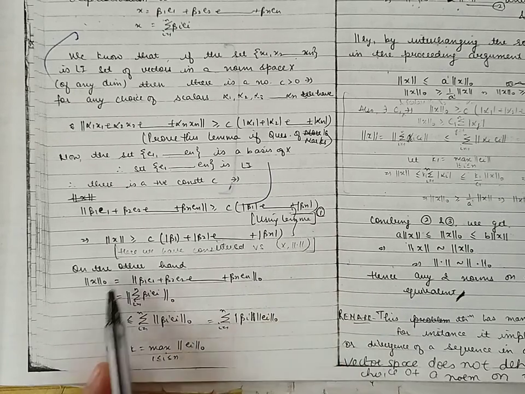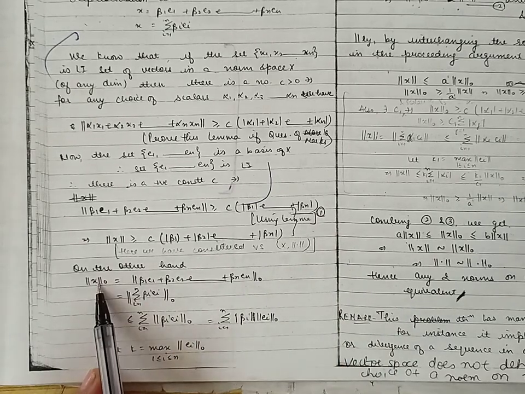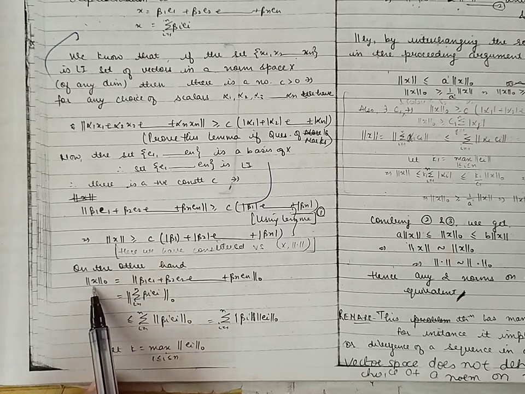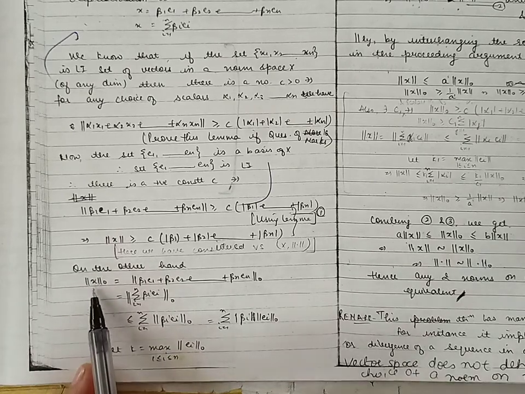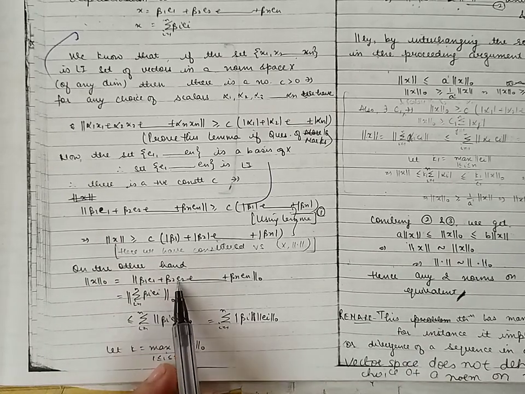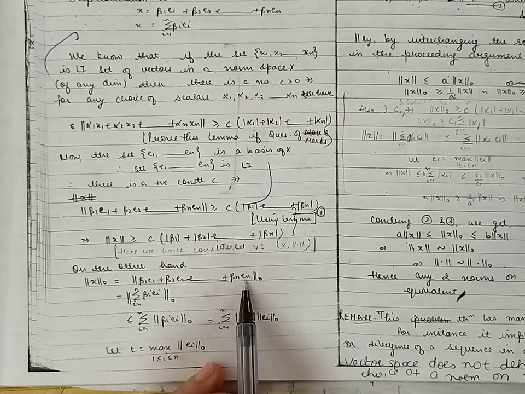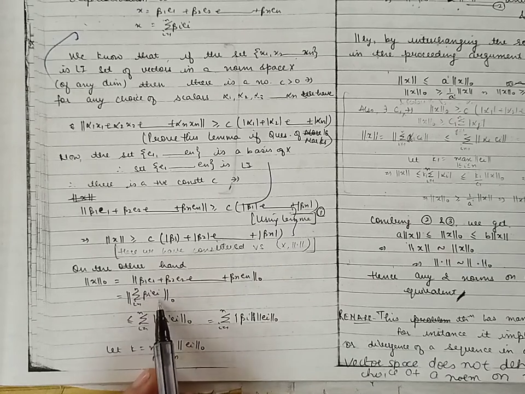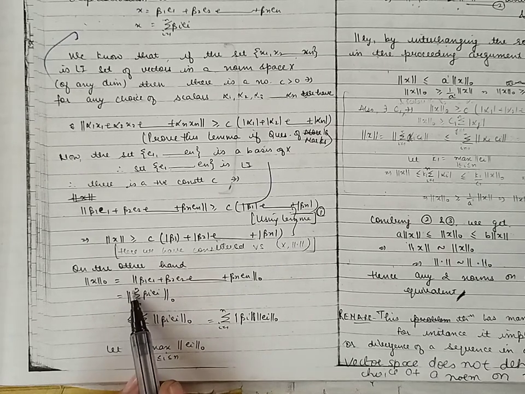Now again let us consider the norm of X corresponding to the other norm which we have denoted by the suffix 0 in the base. Again substituting the value of X here, which is beta 1 e1 plus beta 2 e2 and so on up to beta n en, we can write this as summation beta i ei where i varies from 1 to n.